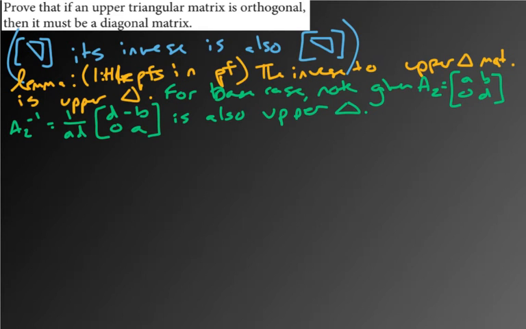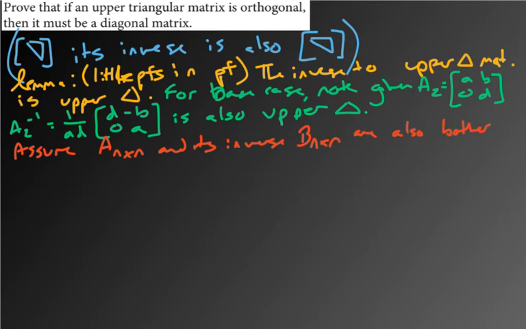Now I'm going to assume A, n by n, and its inverse B, n by n, are both upper triangular.